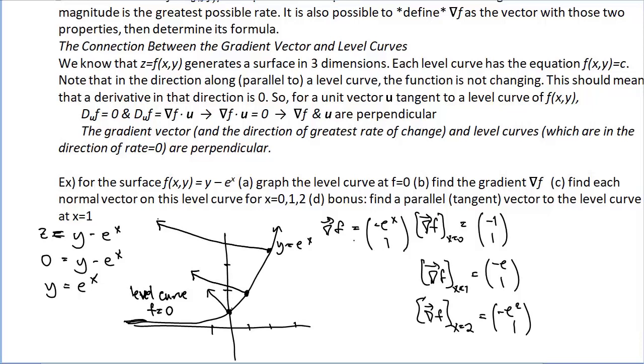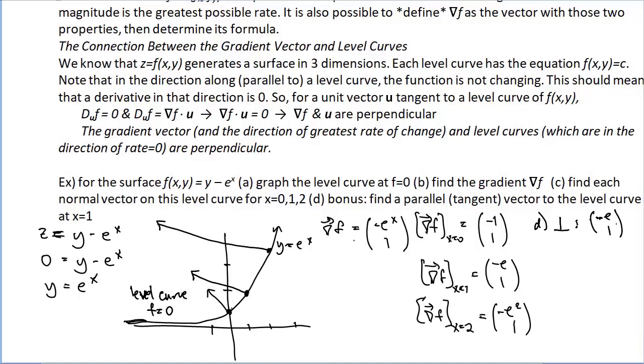So now bonus, find a parallel or a tangent vector to the level curve at x equals 1. This is part D. So notice that at x equals 1, the perpendicular vector is -e, 1.